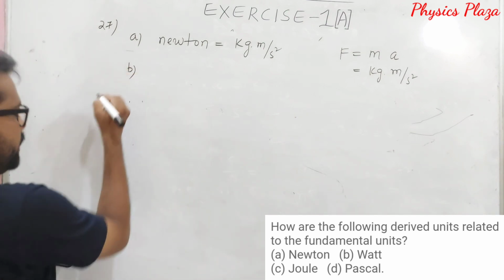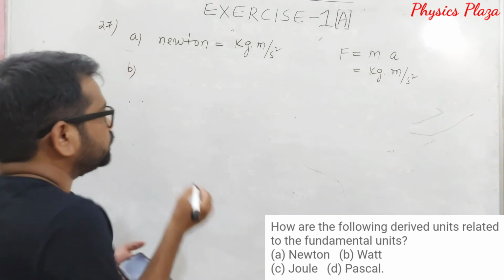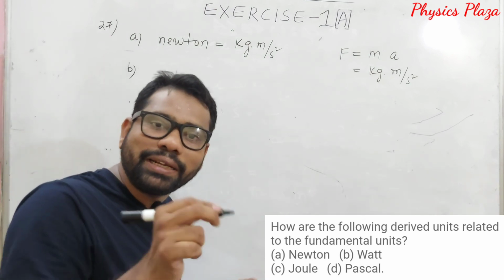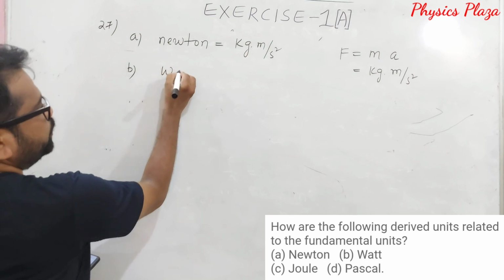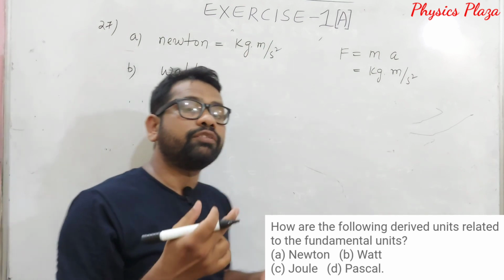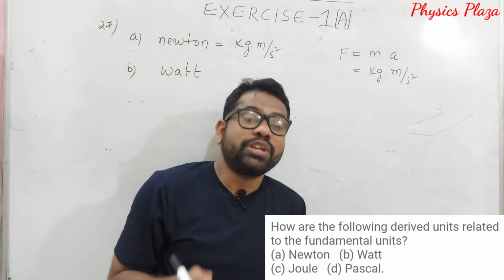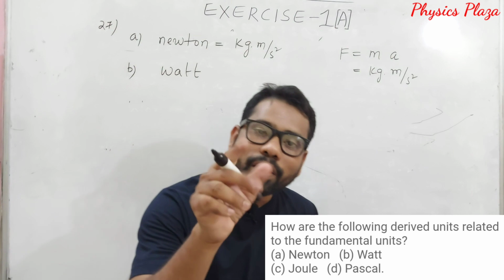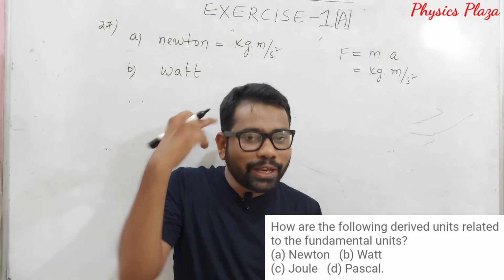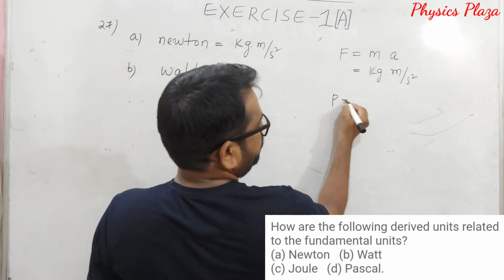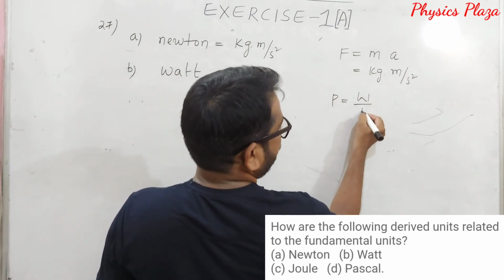And next B, it is watt. Watt, W-A-T-T. It is actually a unit of what, children? Not pressure, it's a unit of power. Let us recall the formula of power. We know that power is equal to work by time.